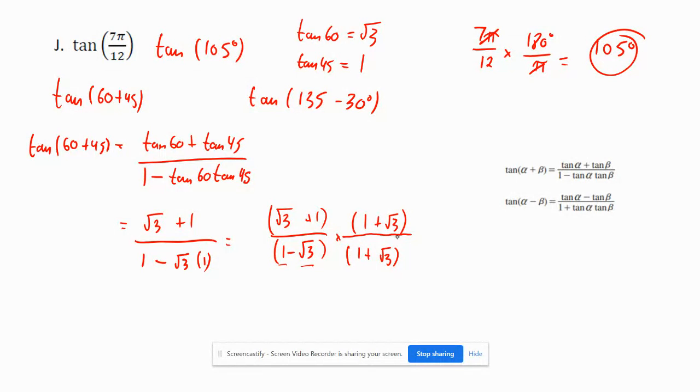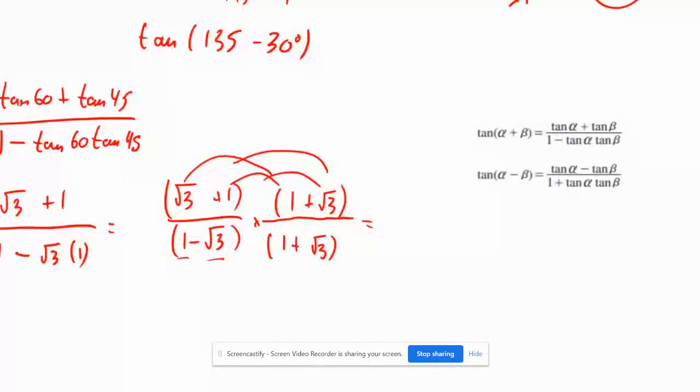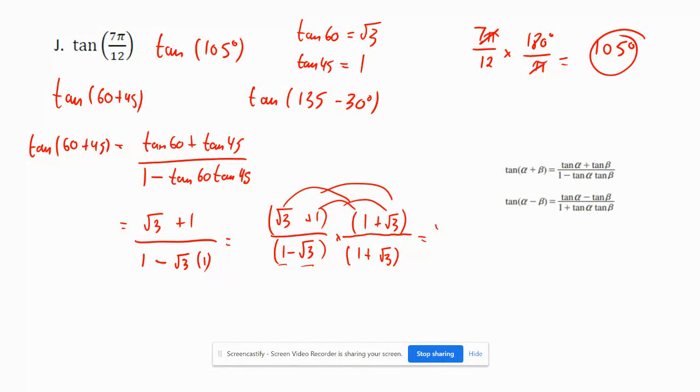Okay. Now, what that gives us, I'm going to expand my numerator out, and it gives me root 3 plus 3 plus 1 plus root 3 over 1 plus root 3 minus root 3 minus 3. Okay. Now, why multiplying by the conjugate works is you always get a plus root 3 and then a minus root 3.